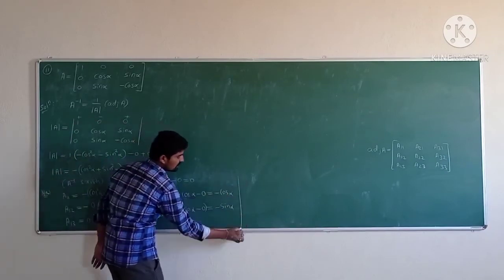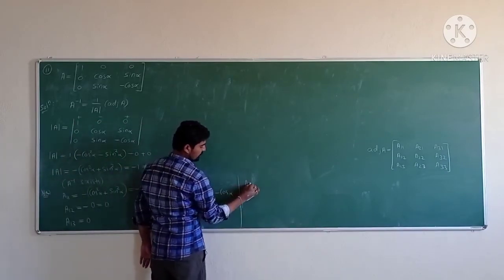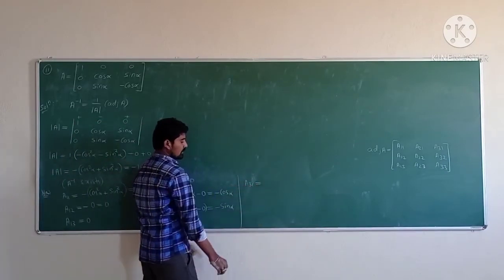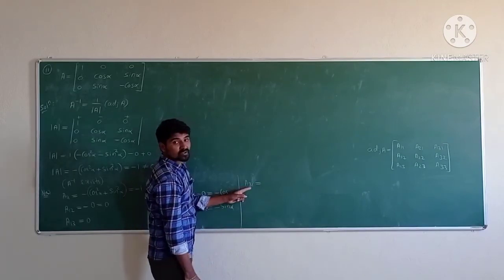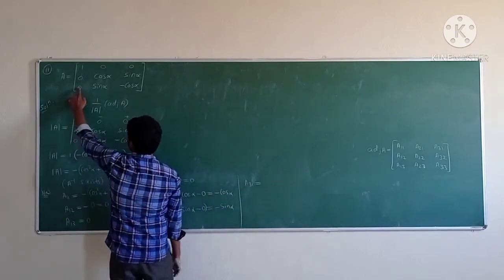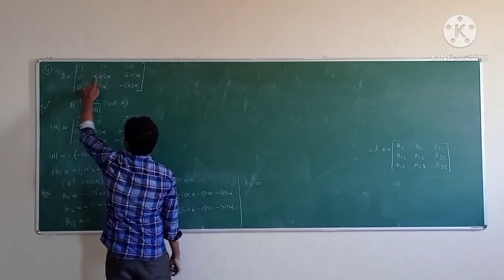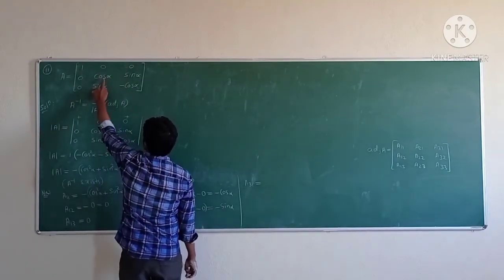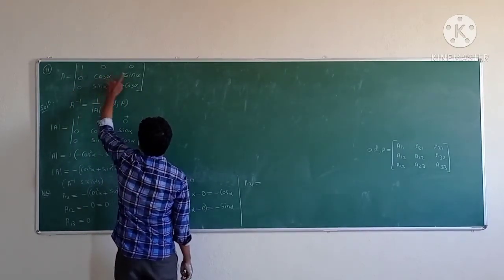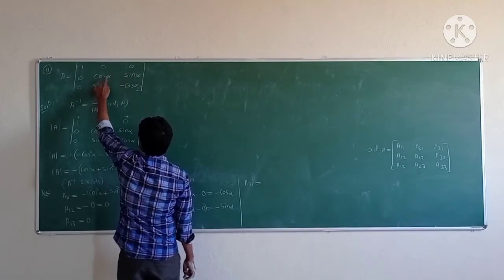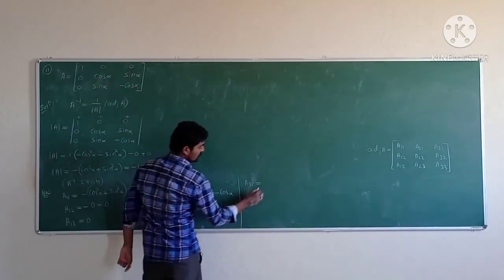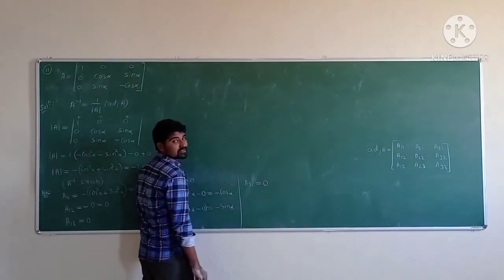And next A31 is obtained by deleting the third row, first column. After deleting this third row, first column, remaining elements 0, 0, cos alpha, sin alpha: 0 into sin alpha, 0, minus cos alpha into 0, 0, so 0 minus 0 is equal to 0.